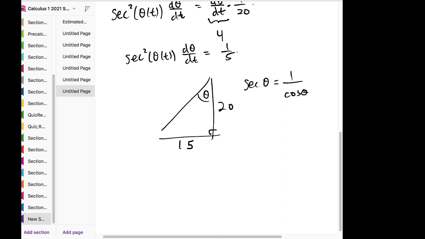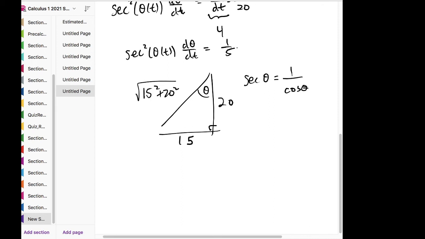Yeah, hypotenuse. We need to know this, right? So this is the square root of 15 squared plus 20 squared. So cosine is 20 over that. So secant theta is the square root of 15 squared plus 20 squared, over 20.